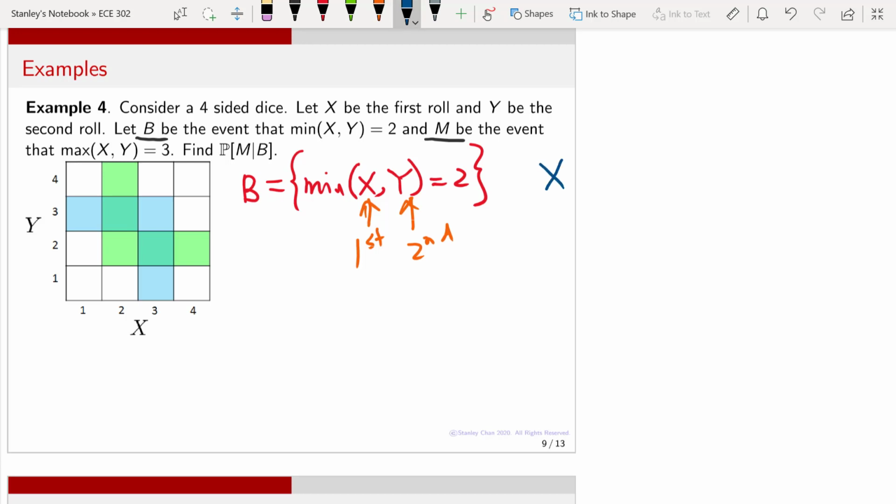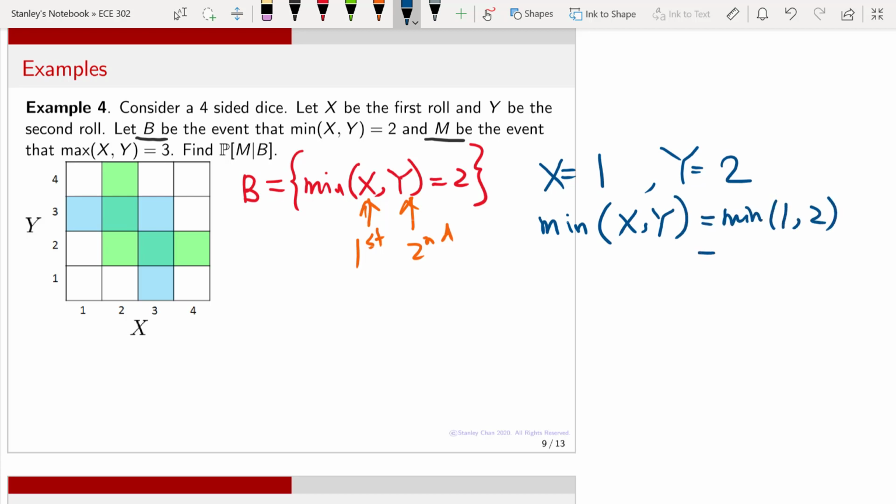Suppose my x is 1, because I have a 4-sided dice, so I can have any number between 1 and 4. And suppose y is 2. All right, and then I want to compute this min operation. Min of x, y, well, in this case, it's just min of 1 and 2. And what is the min? Well, min will give you 1, because the smaller number is 1.